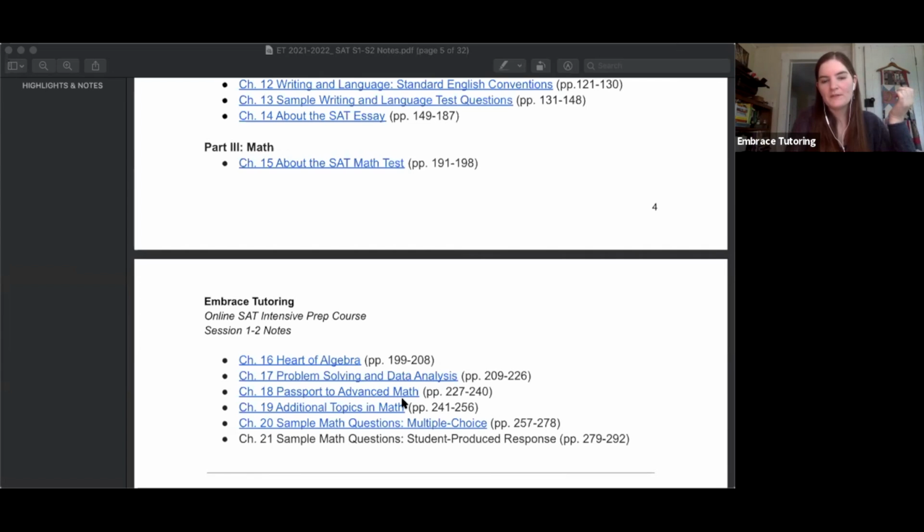So being able to understand things about ratios, rates, proportional relationships, and understanding units and breaking them down as well.